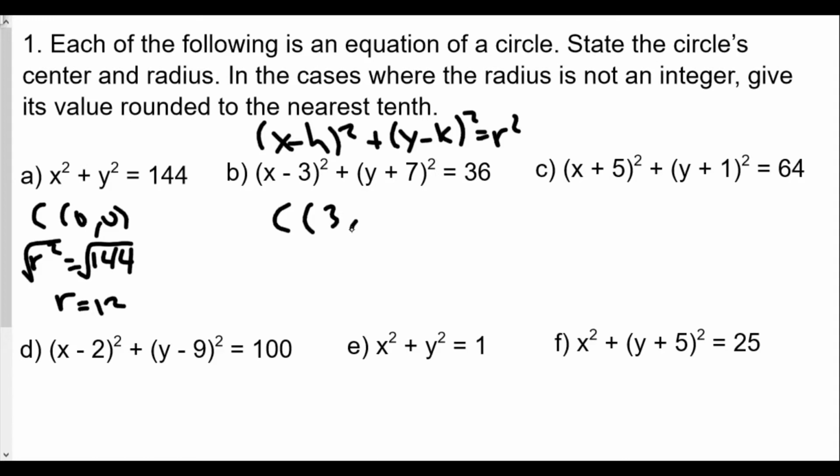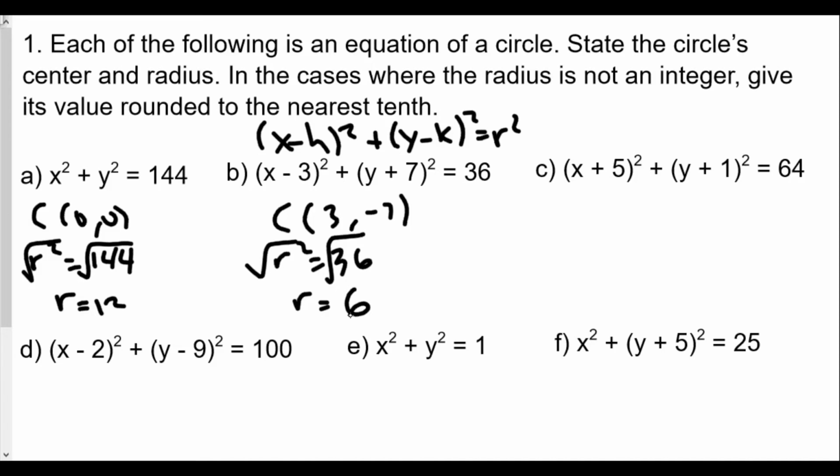And since y minus k is y plus 7, it's the opposite in this case. So the opposite of positive 7 is negative 7. So the y value for the center is negative 7. Because if I plug in negative 7 to the formula, y minus negative 7 would be the y plus 7 we have here. Now, since r squared is equal to 36, our radius is going to be the square root of that, which means our radius here is going to be 6 units.